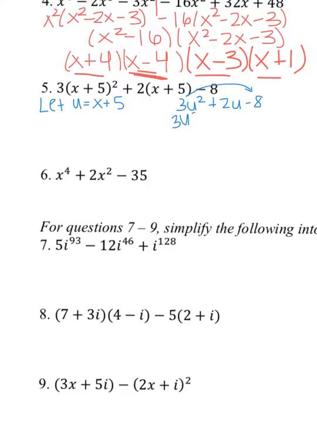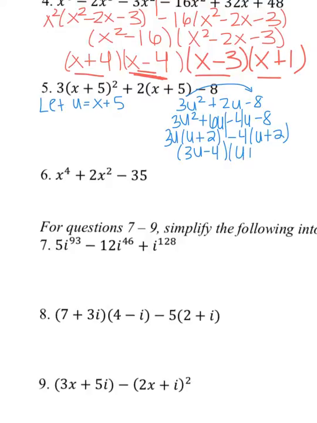That's going to be a positive 6u and negative 4u. I split it down the middle. On the left side I take out 3u and I'm left with u plus 2. On the right side my GCF is negative 4 and I have u plus 2 left over. So then this is 3u minus 4 times u plus 2.